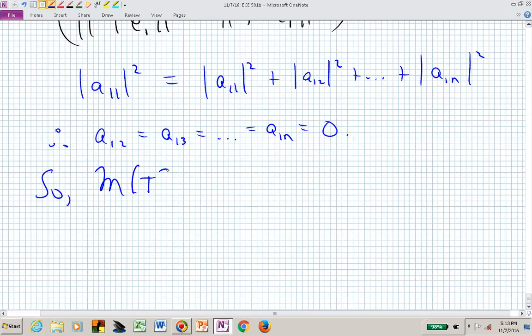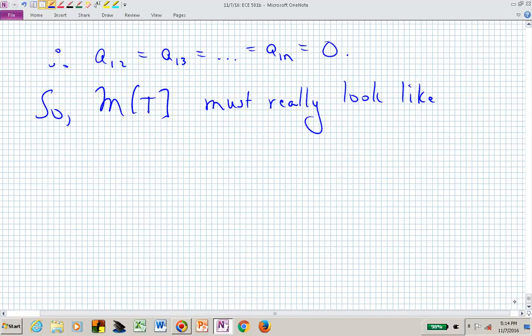So the matrix representation of T, since T was normal and we have demonstrated these relationships because of this norm condition from proposition 720, must really look like A11, A22, A23, and we have zeros to the right of A11.